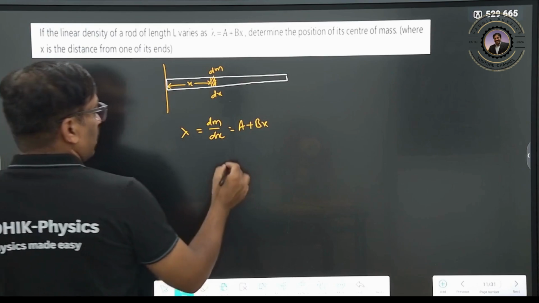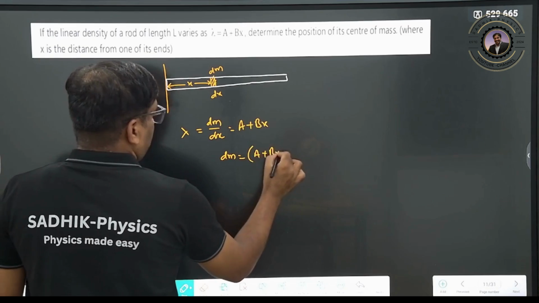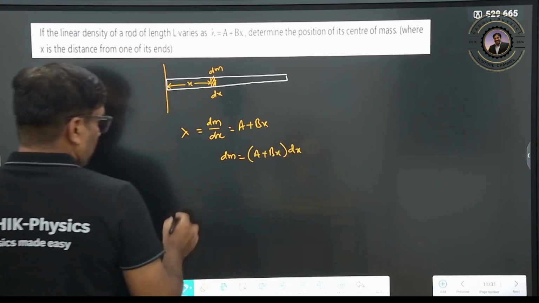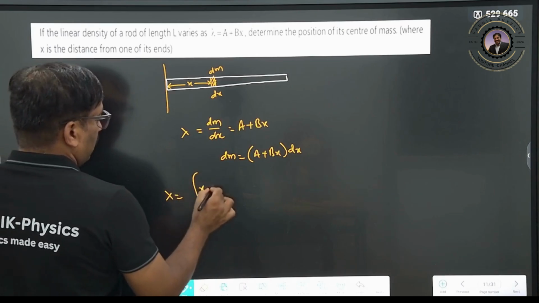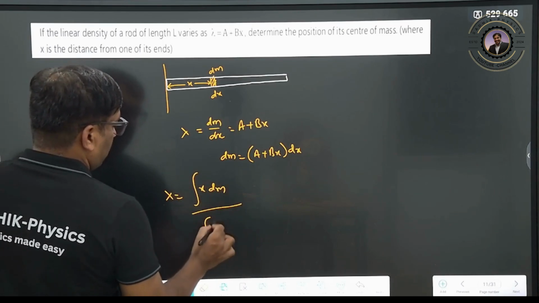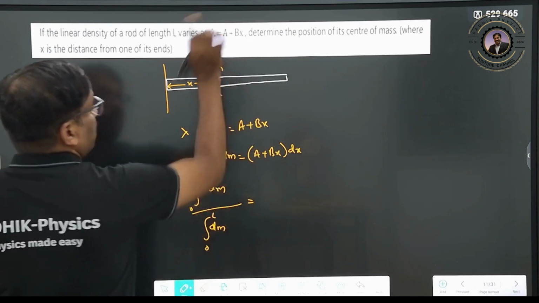So dm is equal to a plus bx into dx. Substitute here. Therefore xcm is equal to integral x dm divided by integral dm, 0 to L, 0 to L, because the length is given now.